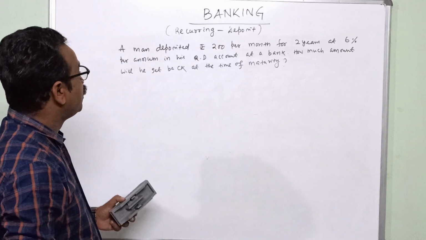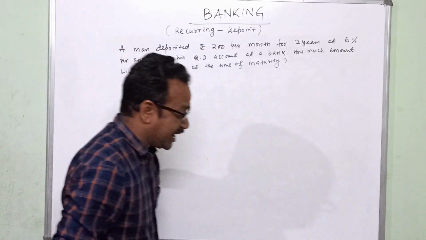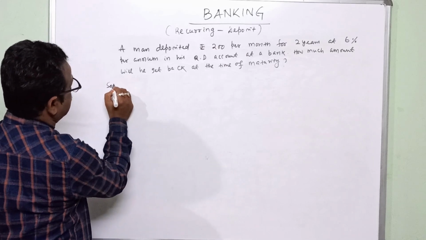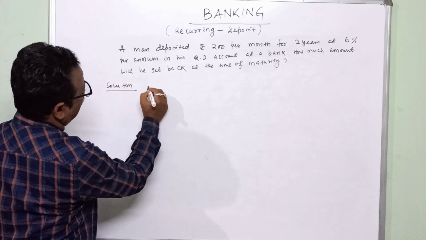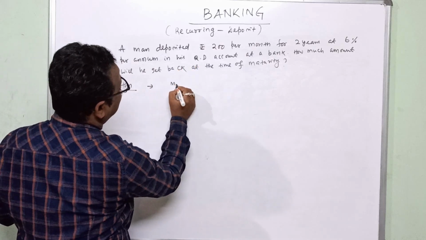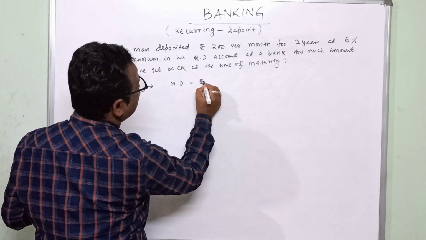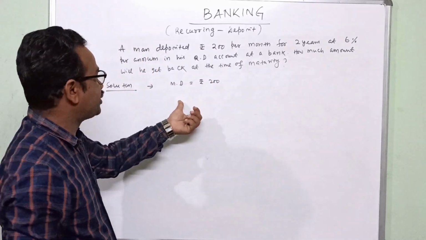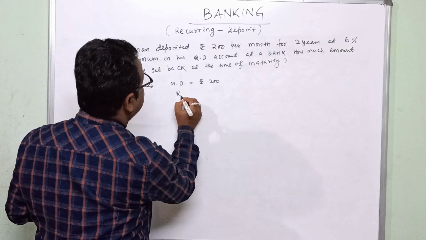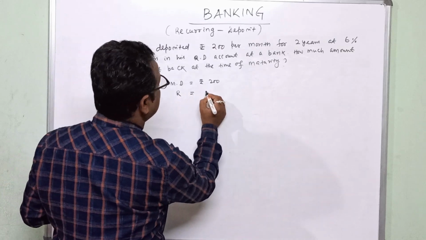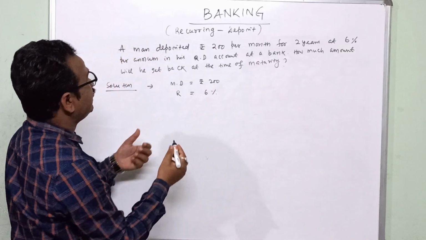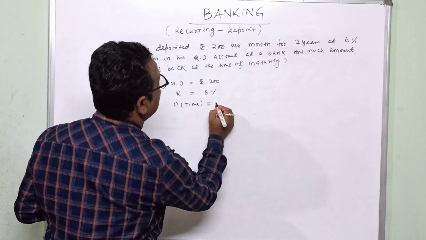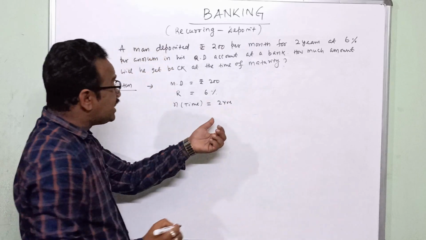First of all, we have to write the data. This is the solution. Our MD is equal to rupees 200, monthly deposit. Now the rate percent R is equal to 6%, and n, your time, is equal to 2 years, but it is given in years.